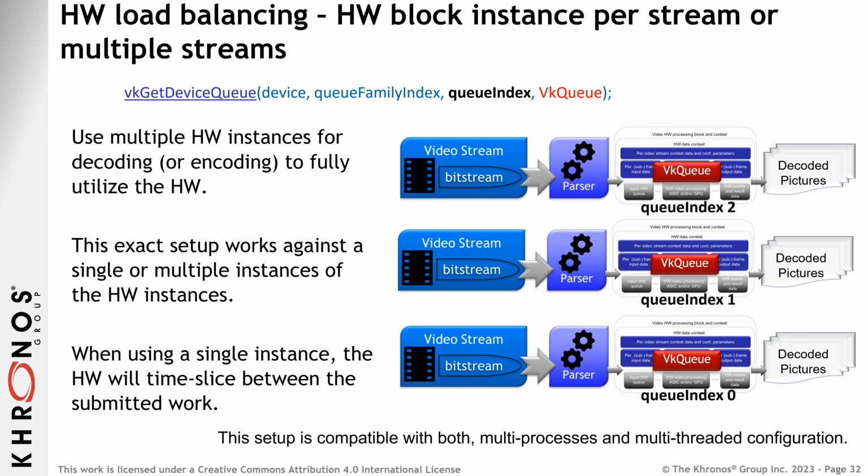After creating a Vulkan device with multiple video queue instances, the application can use vkGetDeviceQueue with the corresponding queue index to get the queue for the respective hardware device. These queues, representing different hardware blocks, can then be used across multiple streams to better utilize the device.